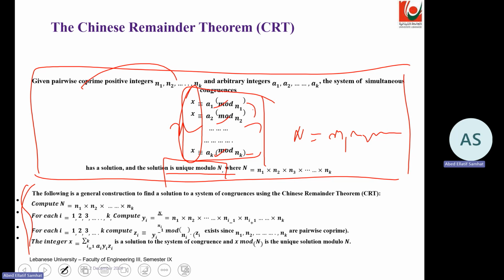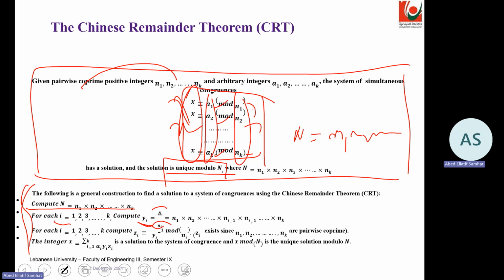Here we say that you know a1, a2, a3, and you know n1, n2, n3, which are pairwise coprime positive integers, and you want to find x. The solution is that you compute n, and for each i, you compute yi equal to n over ni, so you just remove the part ni.